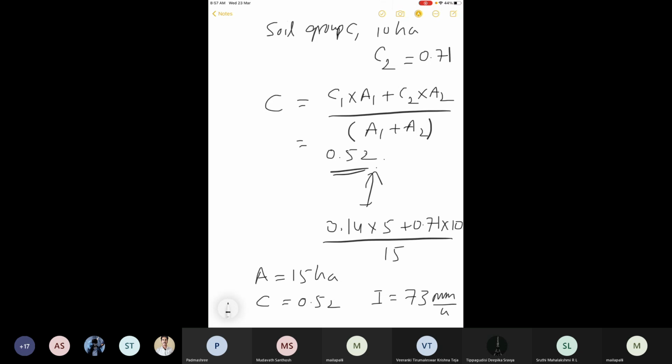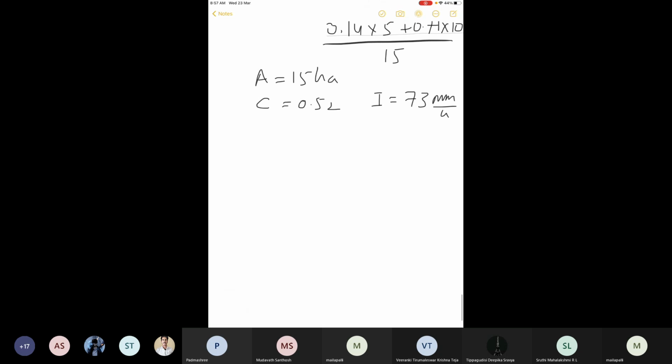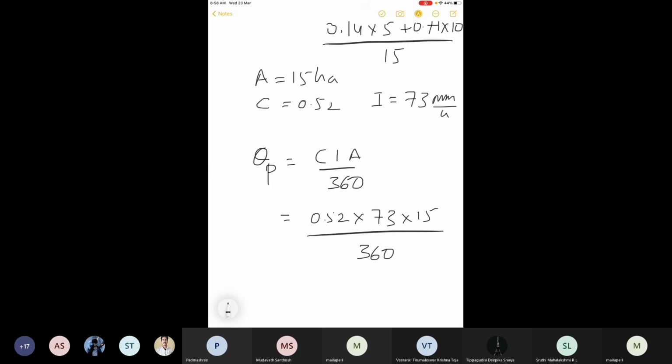Substituting this, QP is equal to CIA by 360, so that is 0.52 into 73 into 15 divided by 360, so you get 1.6 meter cube per second.